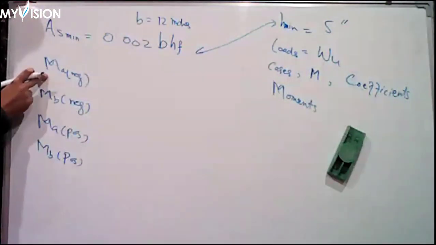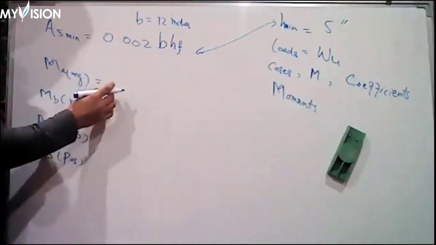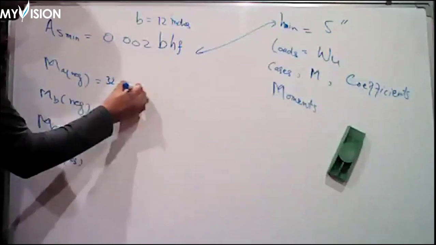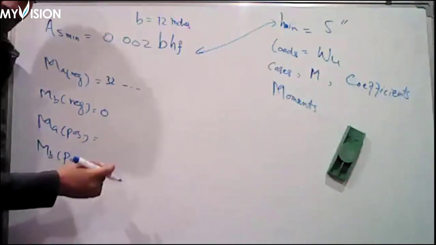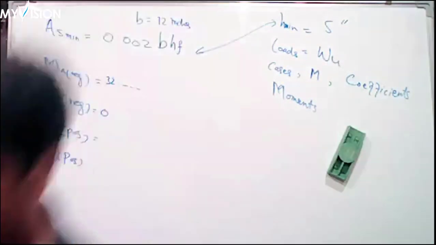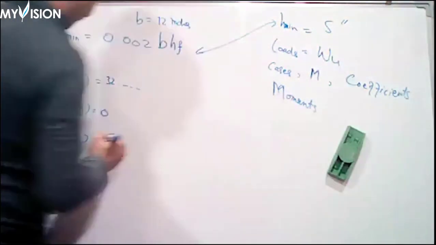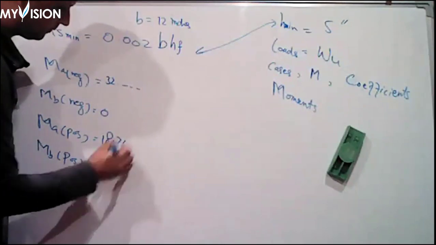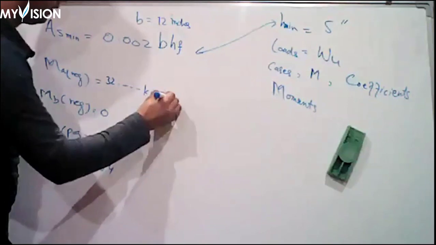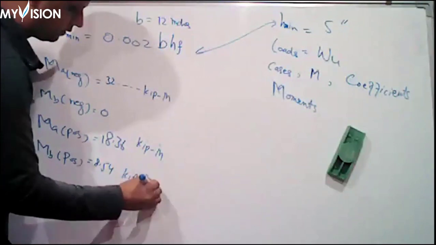If any value is greater than this AS minimum, for example, this is 32 point something, this is 0, and the others are 18.36 and 8.54 kip inch.